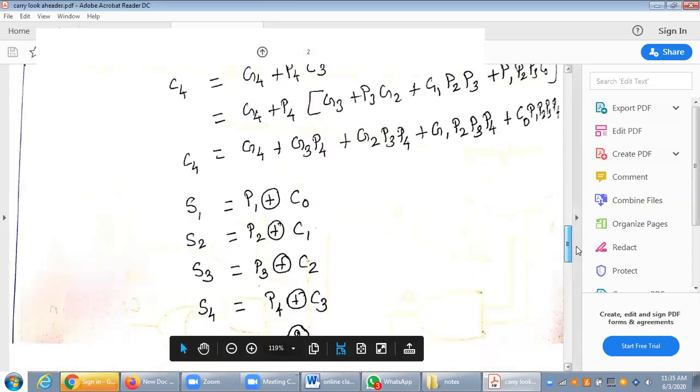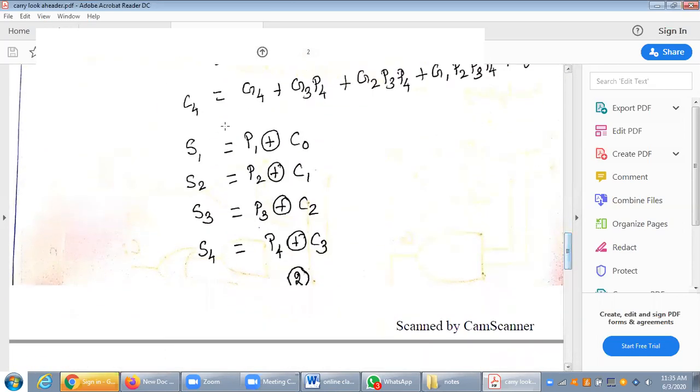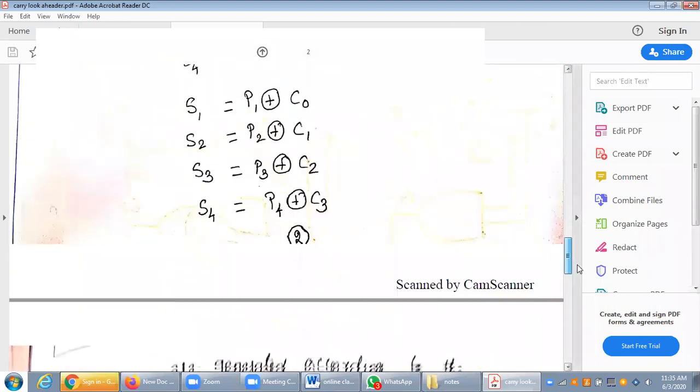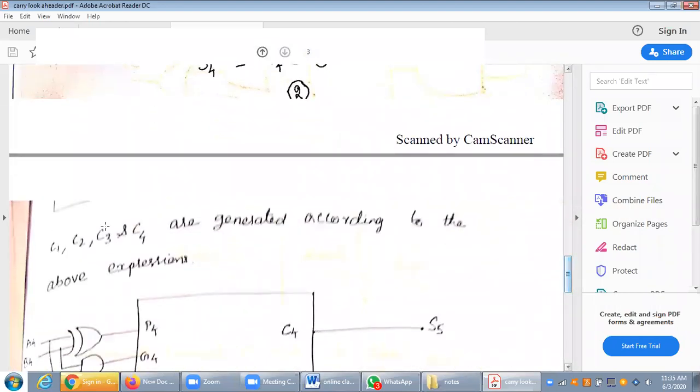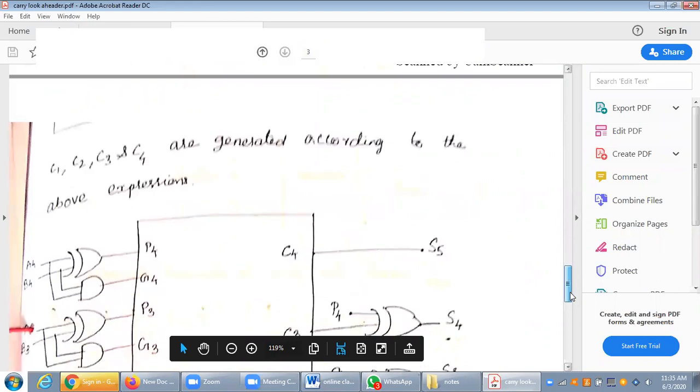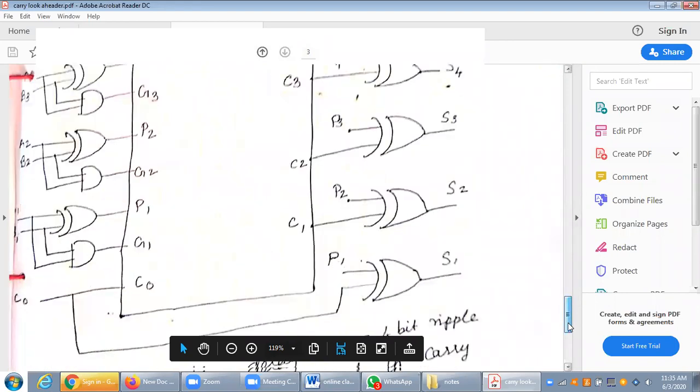So this is a 4-bit adder: the 4-bit sum is S1, S2, S3, S4 and the carry is C1, C2, C3, C4, generated according to the above expressions. These expressions are generated so that the delay will be eliminated. So this is the carry look ahead circuit.